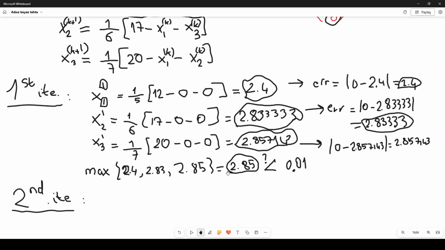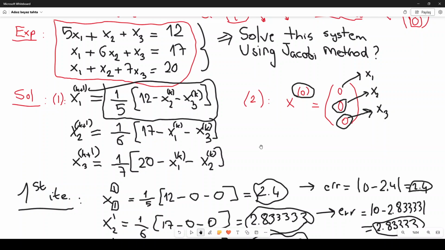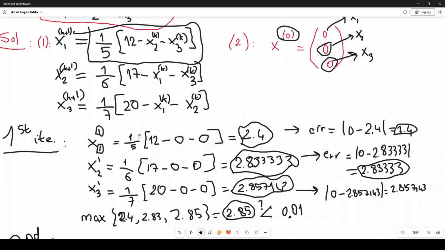Now up to this point, what am I doing? Again, let's recap, because it's a complicated process. Since we try to converge to an exact solution by taking an initial guess, we rewrite each unknown variable in each equation in the order from top to bottom, and then we take our initial guess as zeros for each unknown variable and put these values in to produce the results of the first iteration.